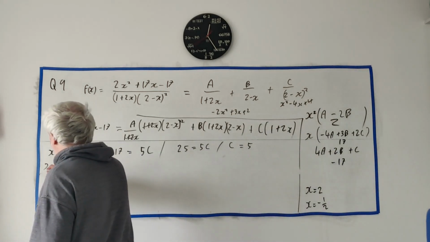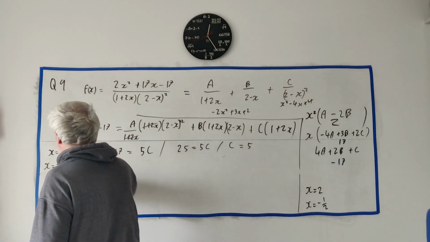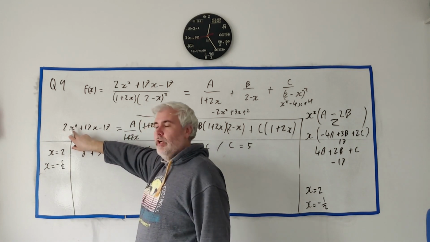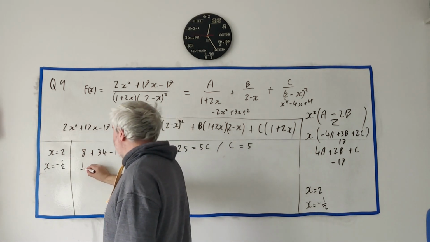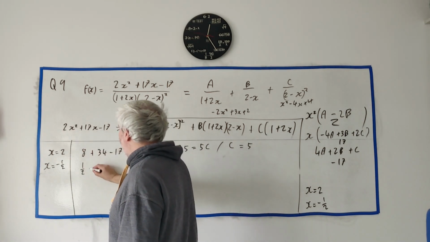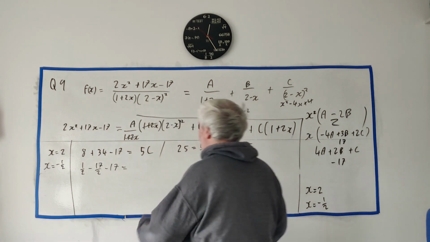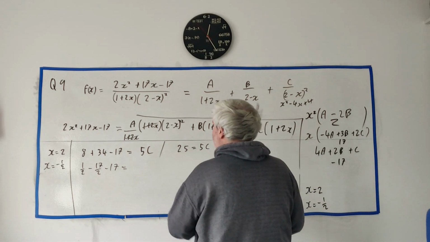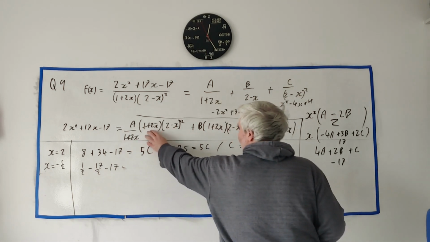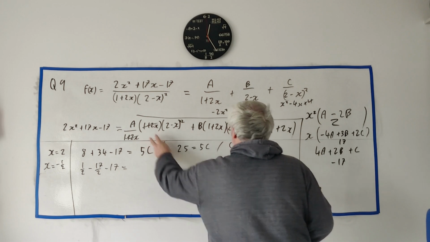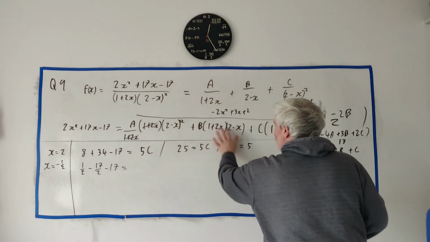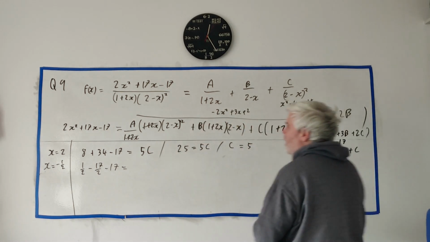Let's try that again then. X is equal to minus a half. Minus a half squared is a quarter. 2 quarters is a half. Minus 17 over 2 minus 17 equals, let's see. Oh, sorry, this one doesn't have a 0 here. This one becomes 0, this becomes 0, and we're left.